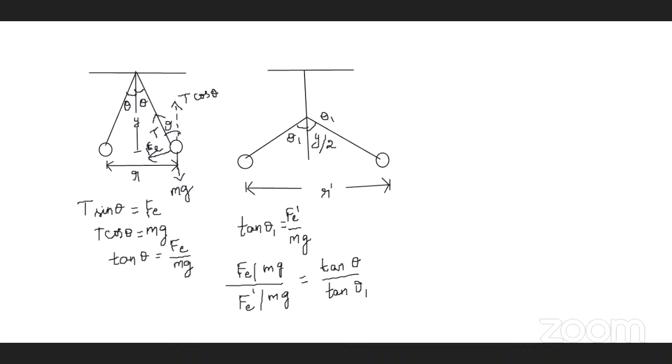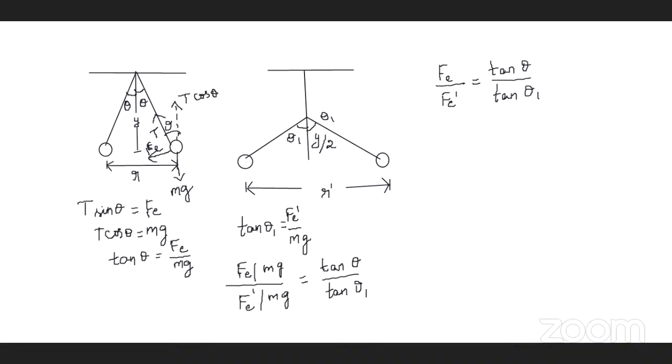The mg will be cancelled now. So you will get Fe by Fe prime equal to tan theta divided by tan theta 1.